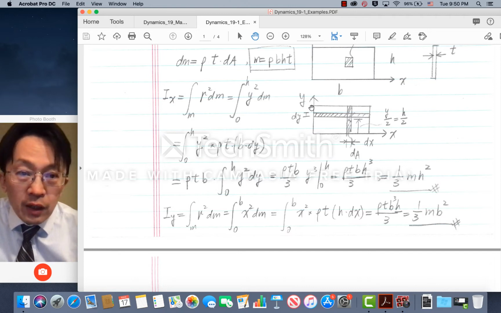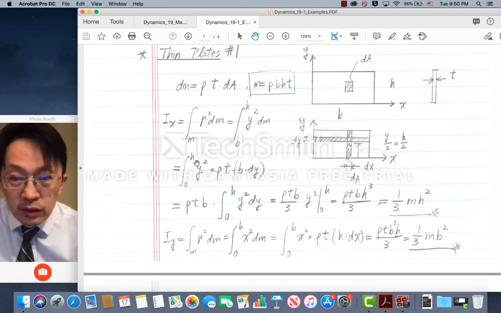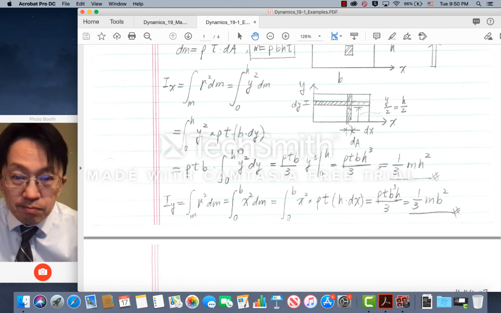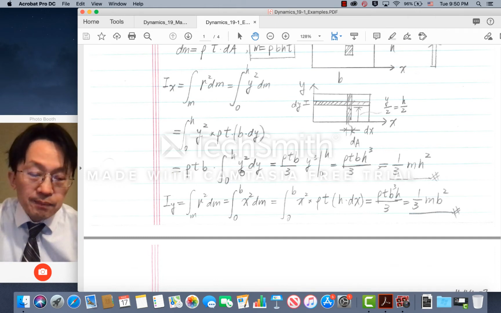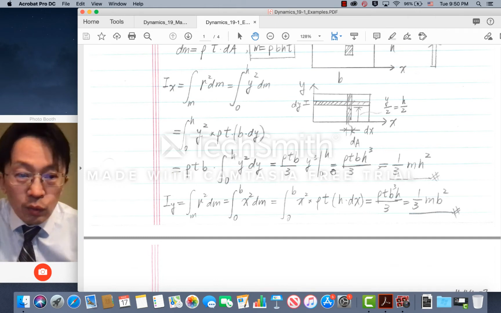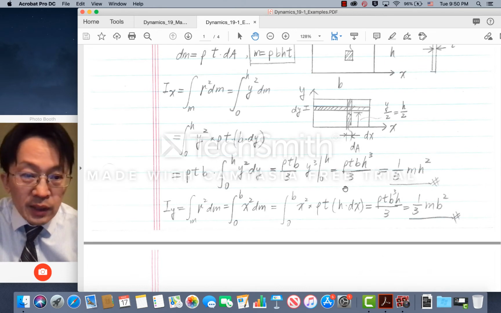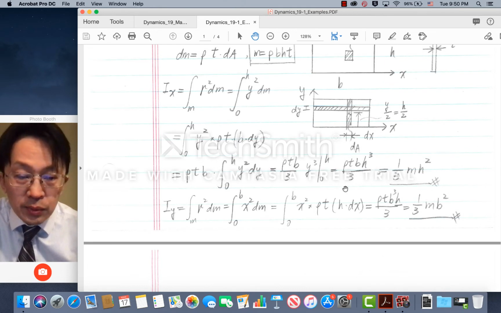And the maximum value of y from geometry is just going to be h. So this Ix becomes rho times t times b times the integral from 0 to h of y squared dy. And mathematically that will give us just 1/3 times rho times t times b times h cubed.